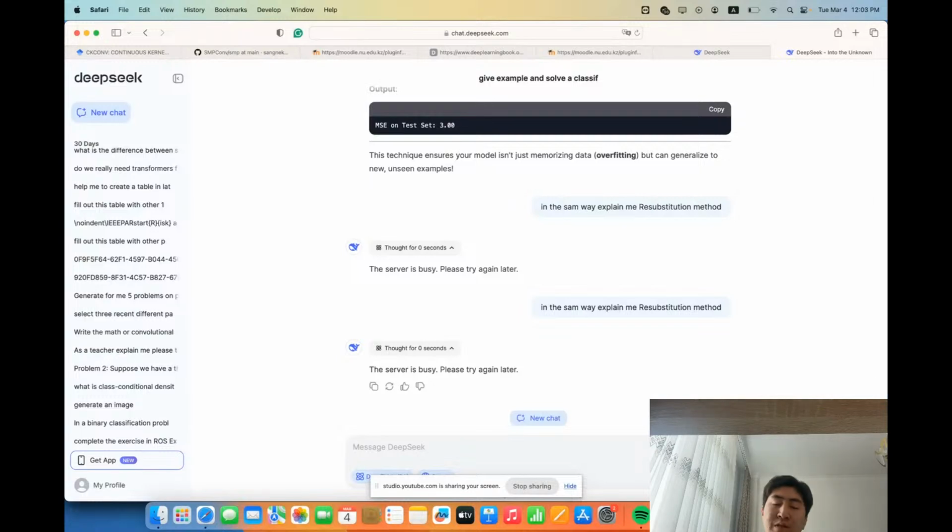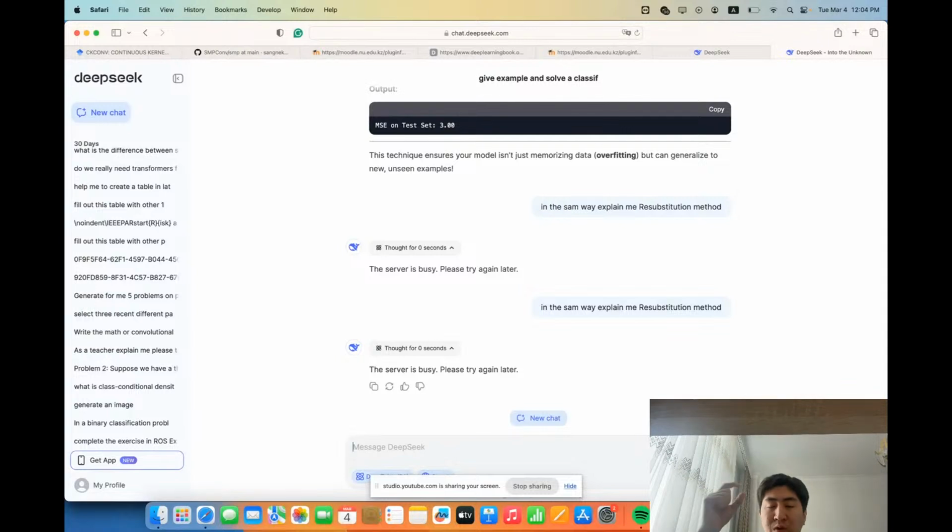But what if I tell you that during the training phase, you could already test how your model works on unseen data? That is why you need a validation set. For example, you're training on the training data, and after each epoch you see the loss and accuracy on the training data.